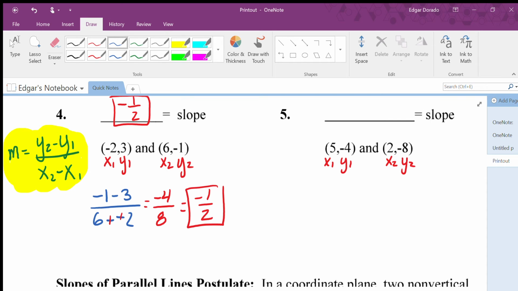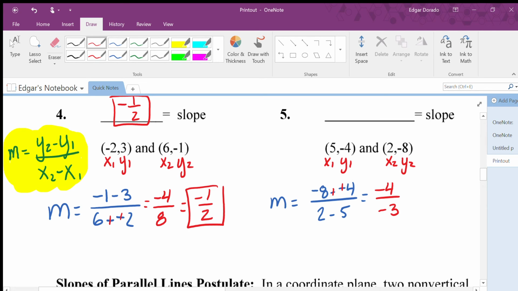And this one is y2 minus y1. So once again, m equals negative 8 minus a negative 4 over 2 minus 5. Once again, I have two negatives next to each other here, so they turn into a plus. So negative 8 plus 4 is actually a negative 4, and then 2 minus 5 is a negative 3.